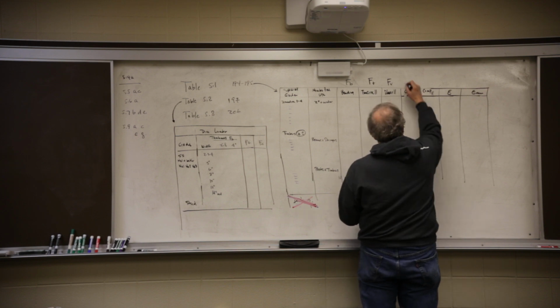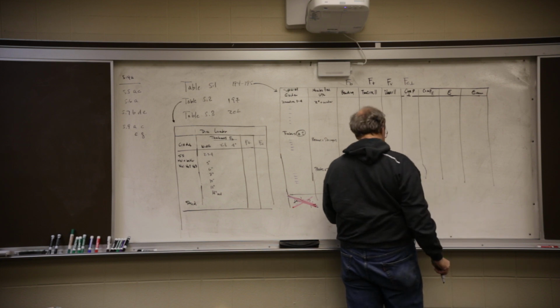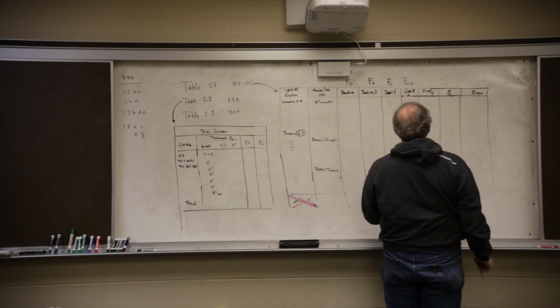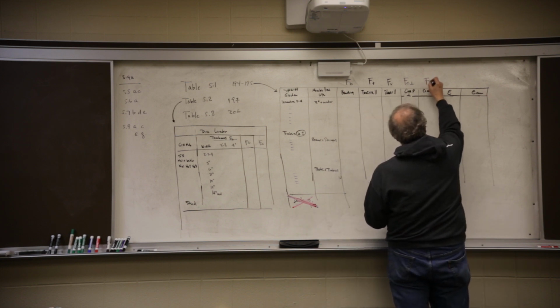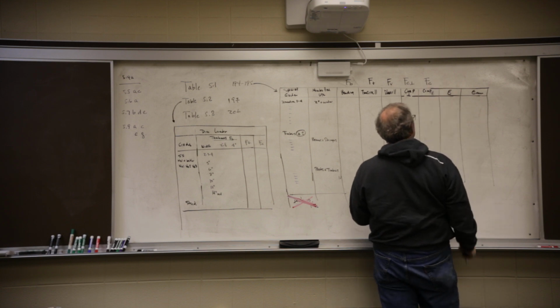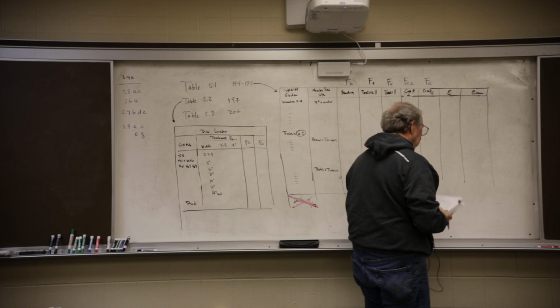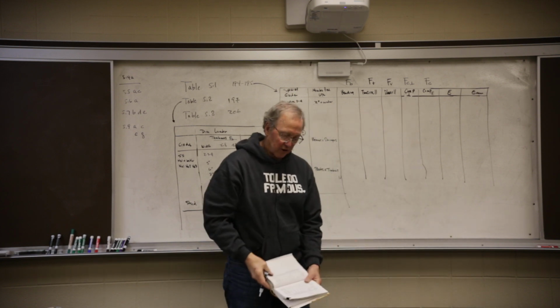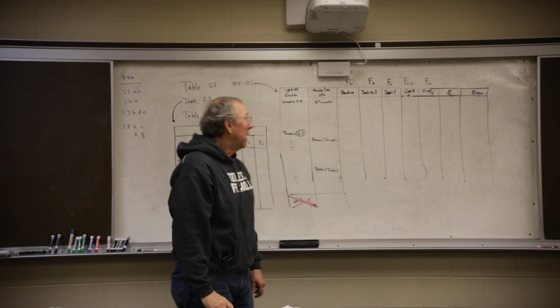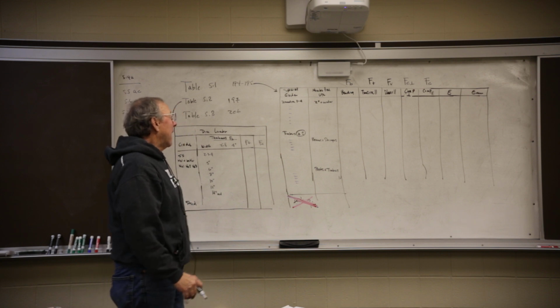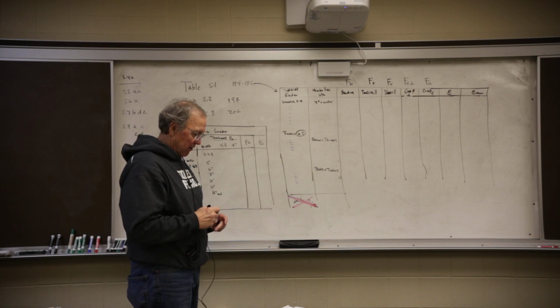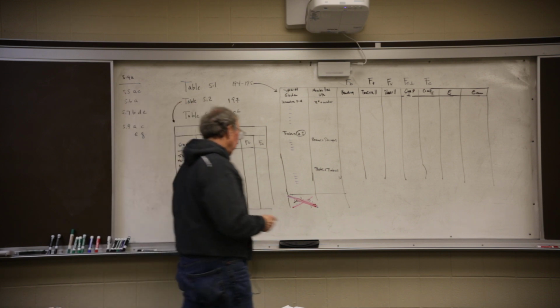Compression perpendicular, Fc perpendicular. Next one is Fc parallel, and we just use Fc for that one. And then modulus of elasticity, E, and the minimum modulus of elasticity, E min.